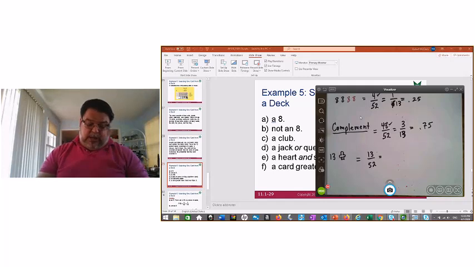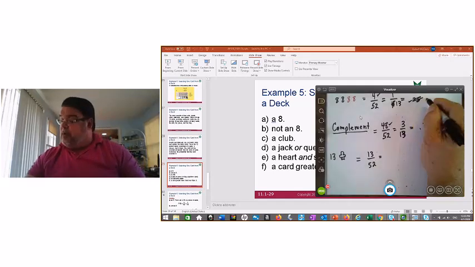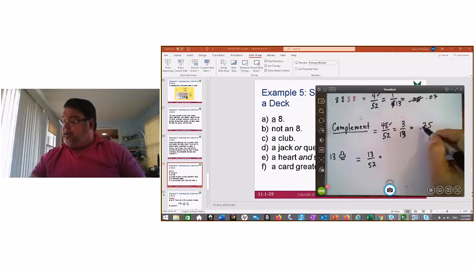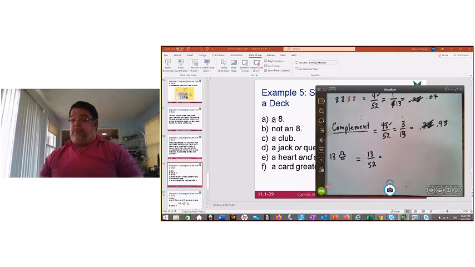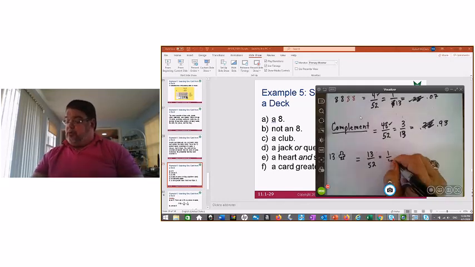Let's see, calculator, 1 divided by 13 is equal to 0.07. So this would be 0.93. Okay? Now, 13 over 52 would give you the 1/4, which would be 0.25.